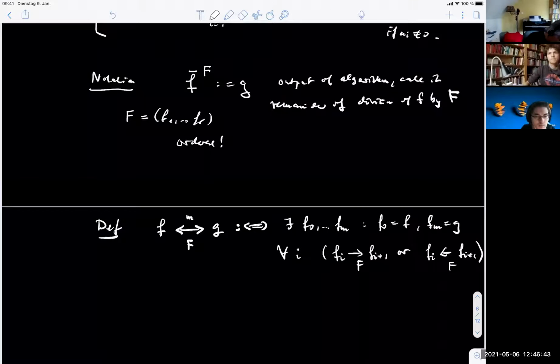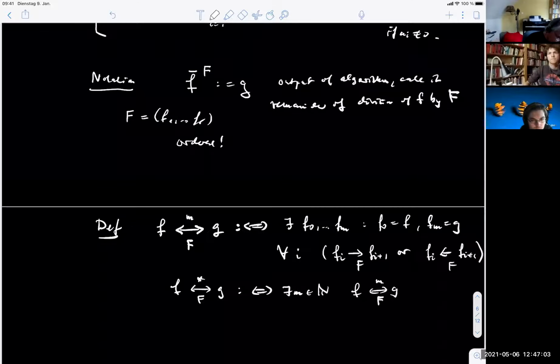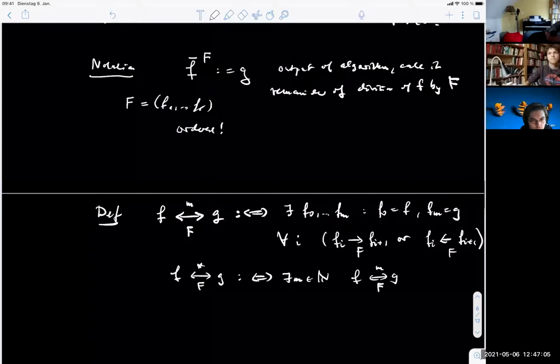If I don't specify the number of steps, I just put the star. This means there is some natural number m such that this holds. Good. So this is a definition, and we note a remark: this is an equivalence relation.